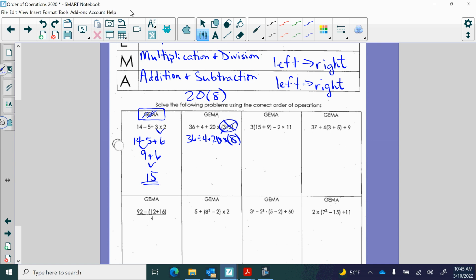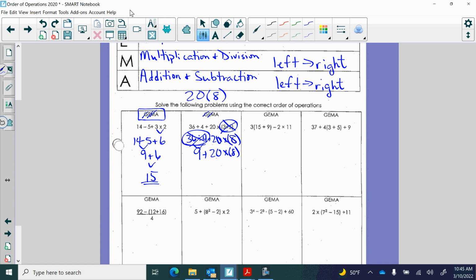Now, our next step, do I have any more grouping symbols? No. Do I have any exponents? No, so I can cross those two off. Any multiplication or division? Yes, I go left to right, so I'm going to do these in order. So I'm going to circle this one, which now becomes a 9. I rewrite everything else. 20 times 8. This one's done.